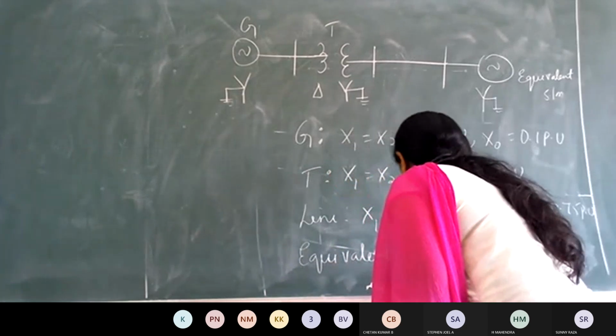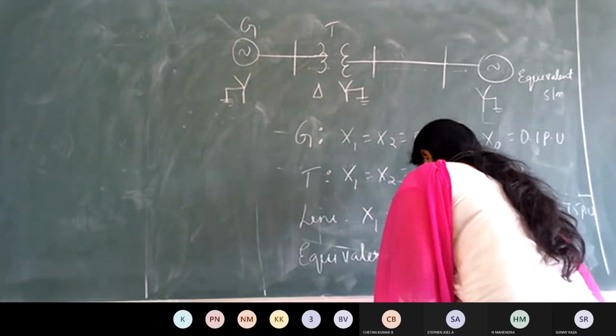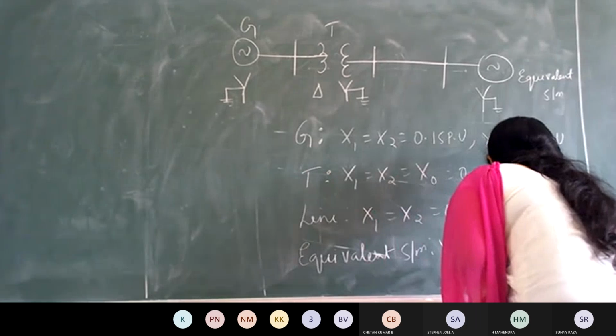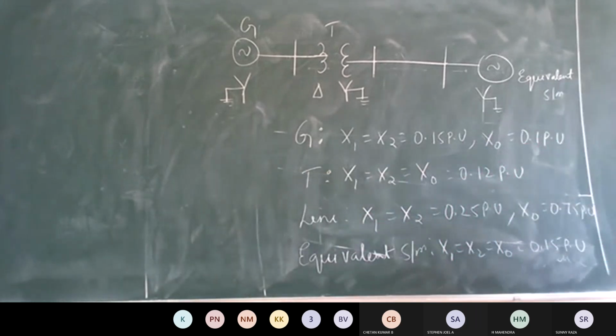The equivalent system has X1 equals X2 equals X0 equals 0.15 per unit. Have you finished noting?